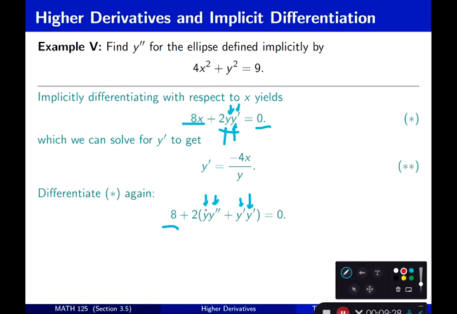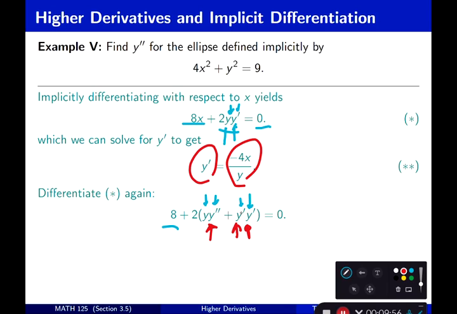Now two things to notice. First, y double prime appeared the second time we took the derivative and we were expecting it. Other is that the y prime appeared twice, and you have to replace that value for y prime. So y double prime would be an implicit function of y and x, no more of y prime.